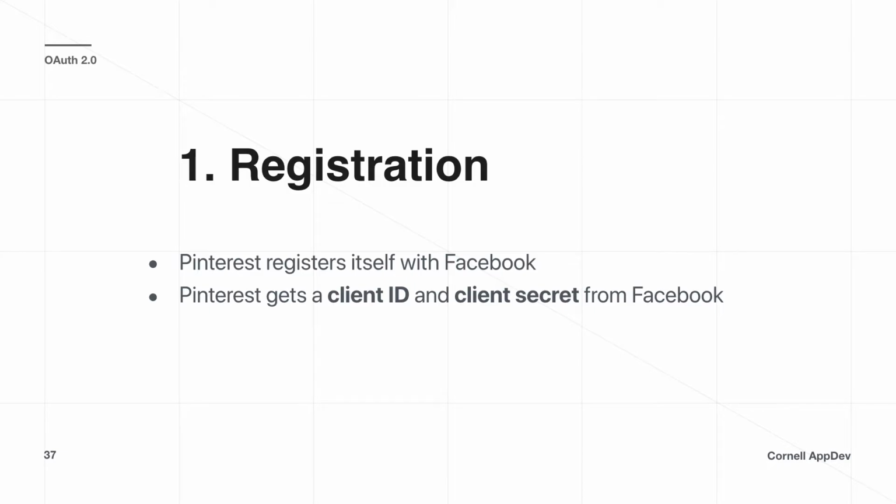It's going to implement however Facebook uses OAuth. And then from Facebook, Pinterest will get a client ID and client secret. What these allow Pinterest to do is that whenever Pinterest communicates with Facebook to authenticate, that's how Facebook knows it is Pinterest talking to them and not just some random sketchy app.